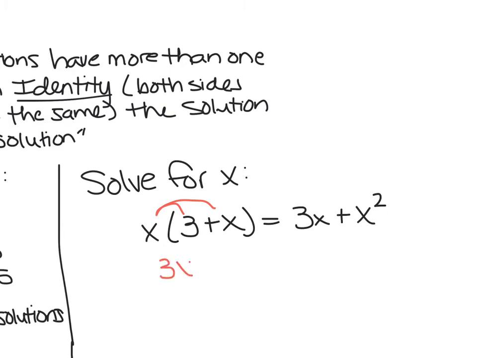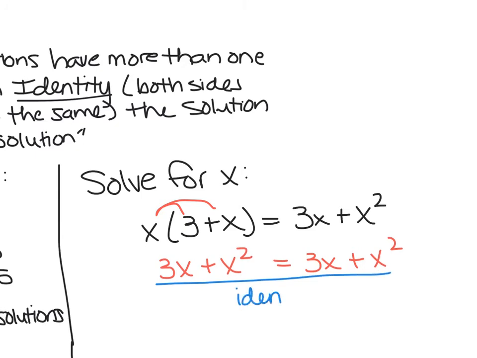So this is 3x plus x squared equals 3x plus x squared. So this right here is one of those identities where you get the same thing on both sides.